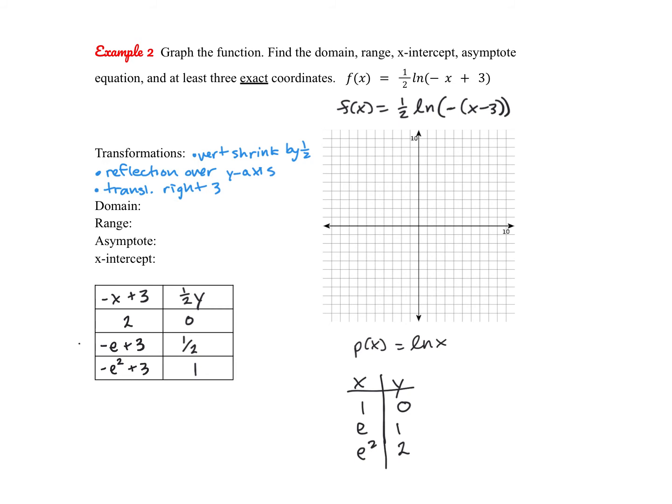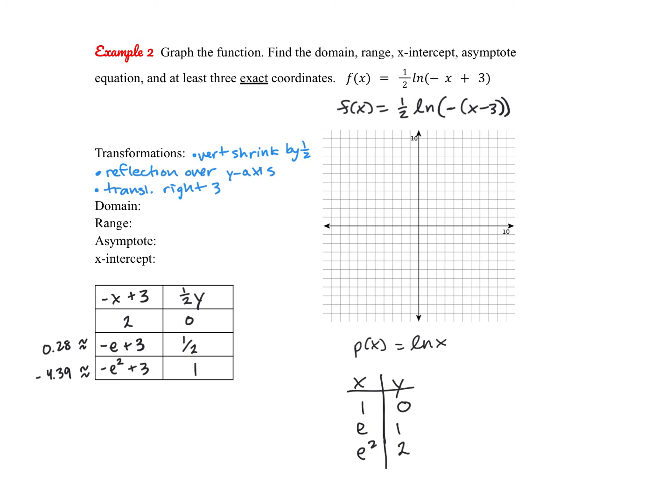So this one will be approximately 0.28. And the next one will be approximately negative 4.39. So here's the exact coordinates, which I definitely want. But again, we will need the decimals to help us plot the points.